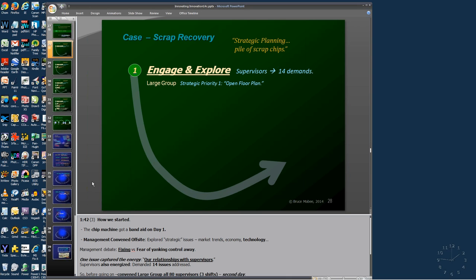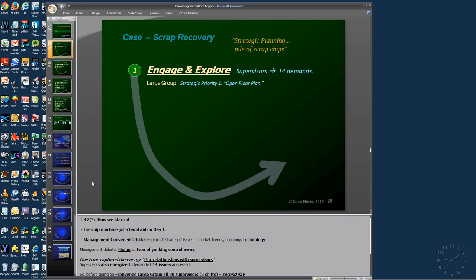Here's where we started. We started with the idea of how do we engage and explore with the supervisors. So there was a Band-Aid put on the machine, because they couldn't allow that to go on without going out of business. But they had some engineers get the machine working. But the huge debate was, to what extent should we strong-arm the fixing of the machines, and to what extent should we actively, for once, engage our supervisors in helping figure out what to do?